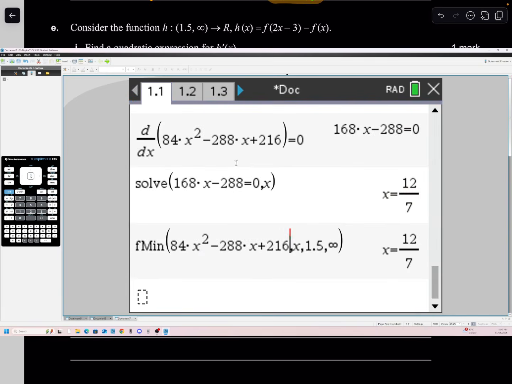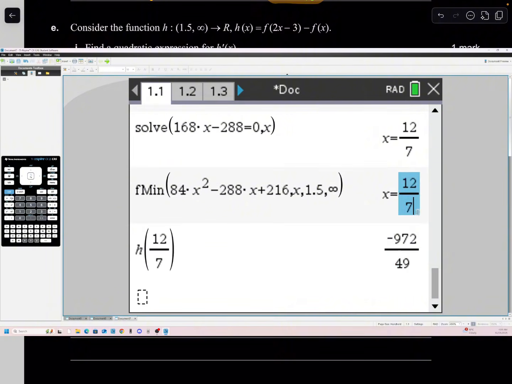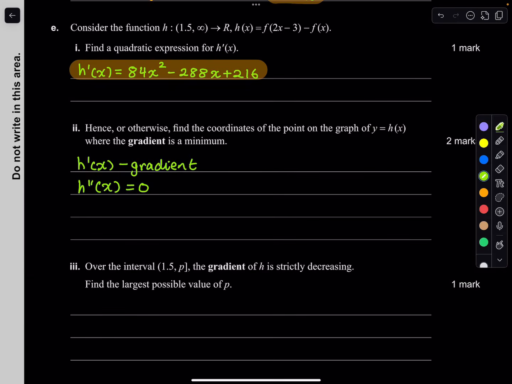We found the minimum point is at 12 over 7. That's the x value, but we want the coordinates of h of x where the gradient is minimum. So basically, since h is the function, to find the y value, sub in this x where the gradient is a minimum, and this is the y value. So this is your x value, and this is your y value of your coordinates. So let's just show some working out too.